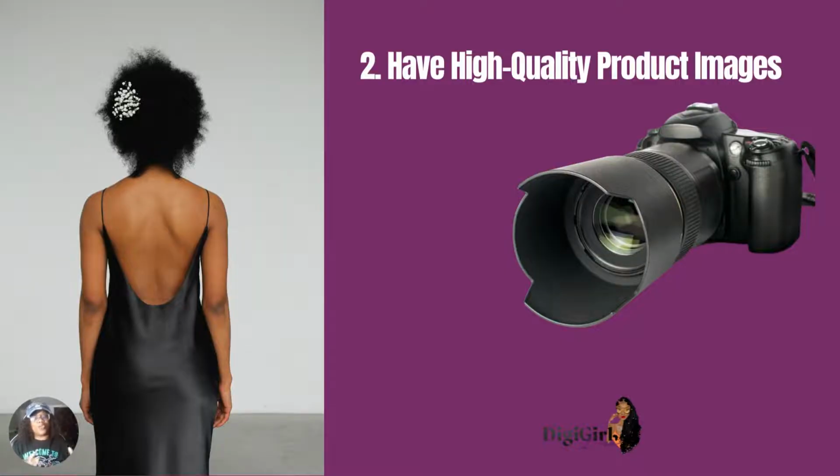So number two is you want to have high quality product images. This might sound like basic 101 selling online information, but you have to understand that people who are shopping nowadays expect high quality images of your products as the standard of the online buying experience.